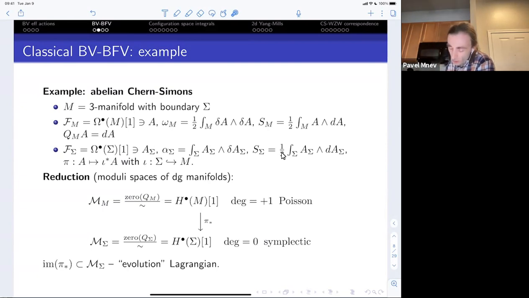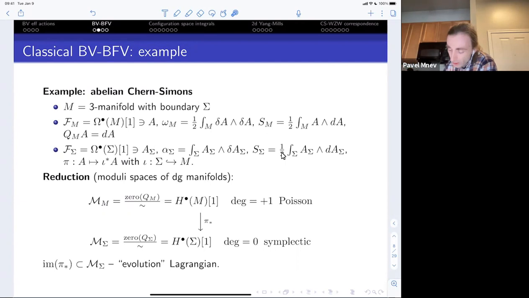And it also has an interesting reduction, and you can consider it for any gauge theory that you have cast into this BV-BFV formalism. In the bulk, physically speaking, those would be solutions of equations of motion modulo gauge symmetry, and on the boundary, solutions of constrained equations modulo gauge symmetry.